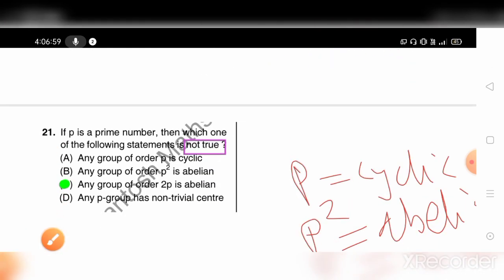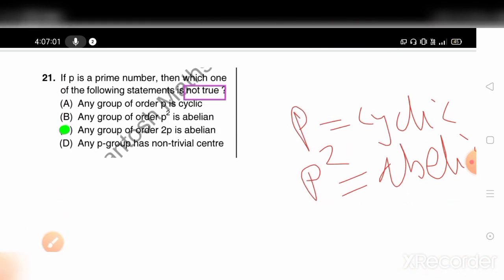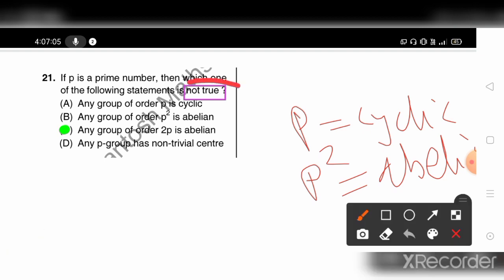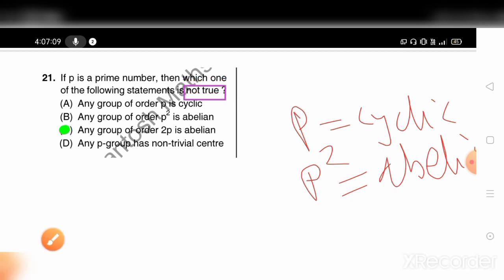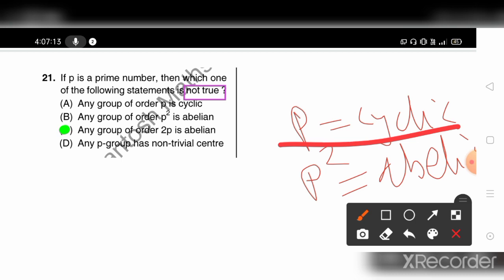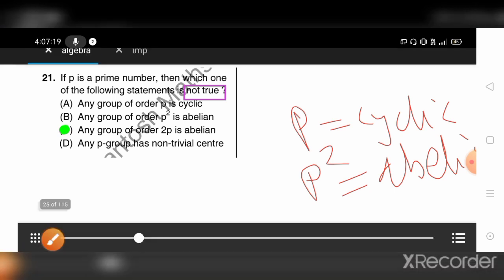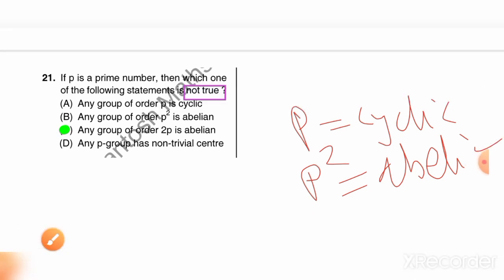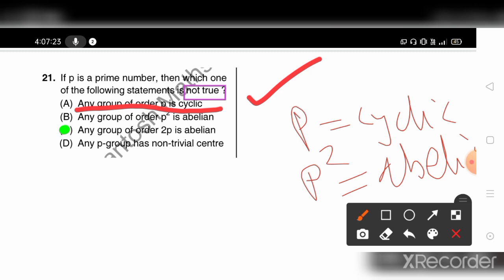Next question: if p is a prime number, which one of the following statements is not true? Any group of order p is cyclic: if the order of G is p, then G is cyclic. If the order of G is p squared, then it is abelian. Both correct.